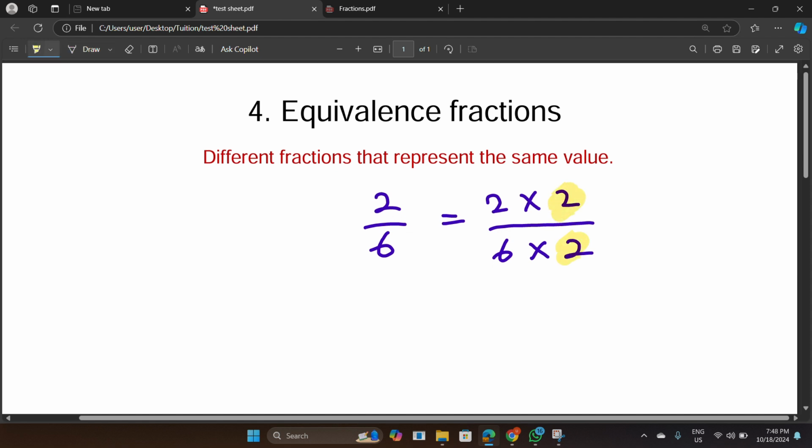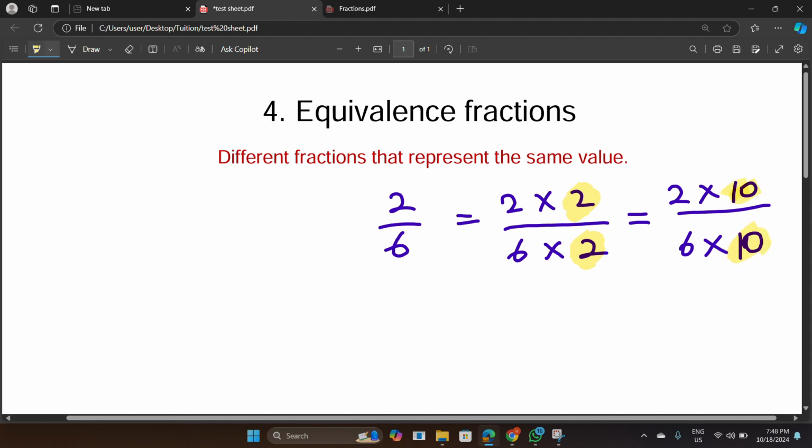Here, I multiply both numerator and denominator by 2. Or you can multiply by any number. If you want, you can multiply the numerator by 10 and also the denominator by 10. You must multiply the numerator and the denominator by the same number. It is a must. Okay.